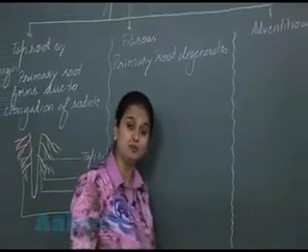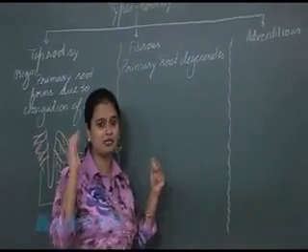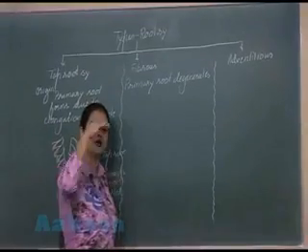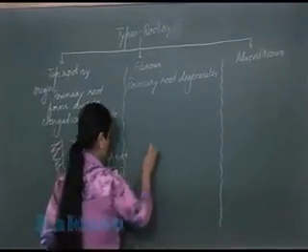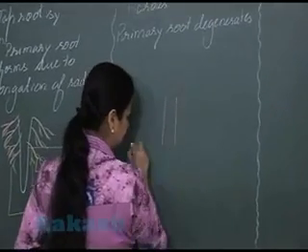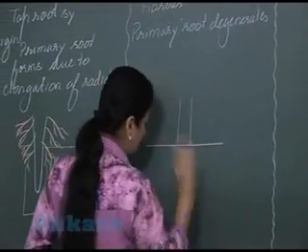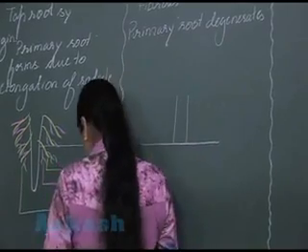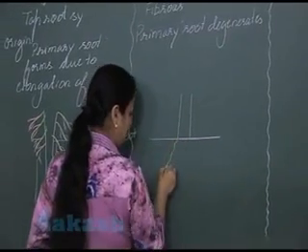When the primary root degenerates, so now from where the root system will arise? The root system will arise from base of the stem. Yes. So let's say this is stem. Primary root degenerate होगी, and from the base of the stem, the roots they will arise.